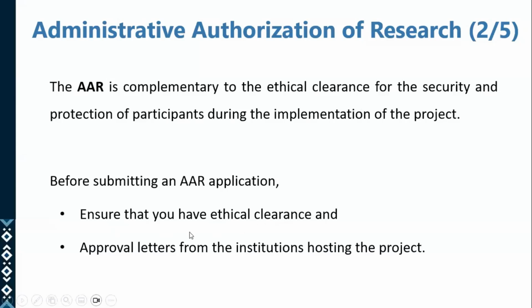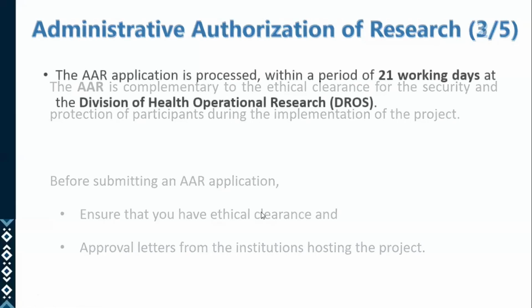That is the first thing. And secondly, ensure that you have approval letters from the institution. For the ethical committee, you have to ensure a good protocol and approval letters. And now to go to the administrative authorization of research, don't forget that the approval letters are still important, and ethical clearance is now to be added.